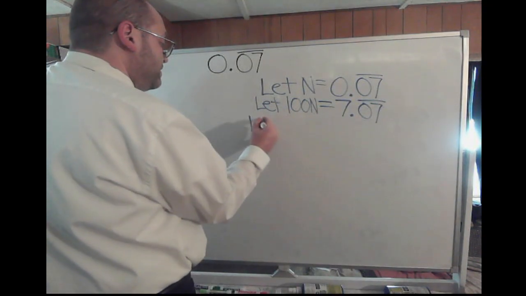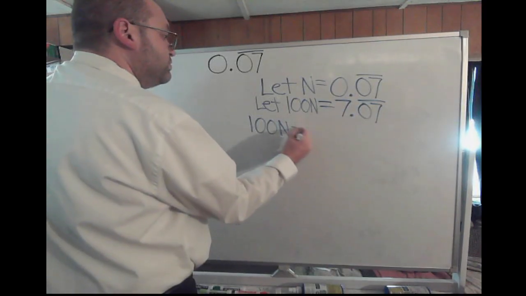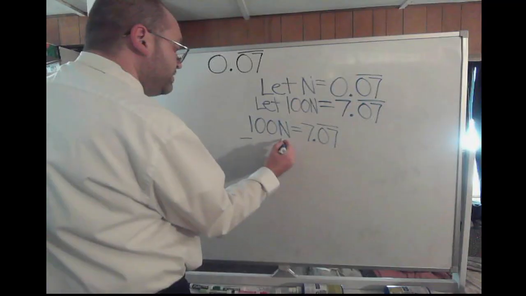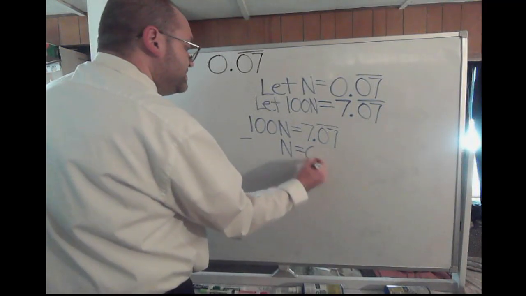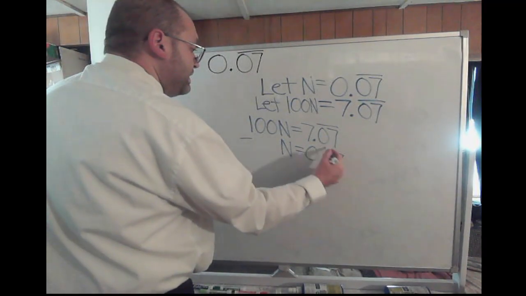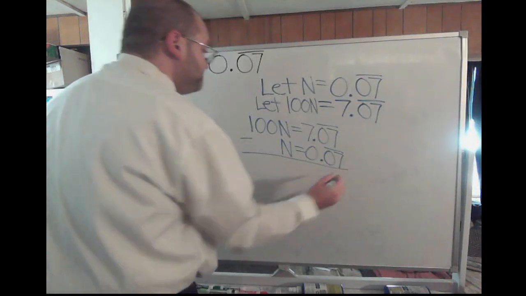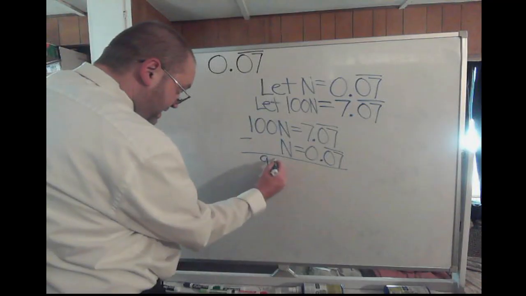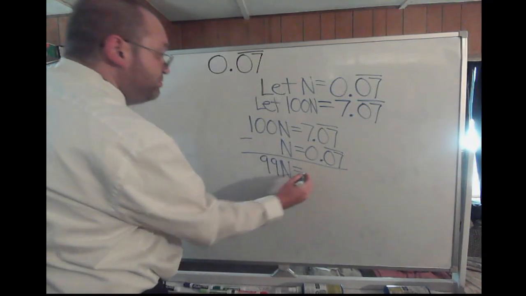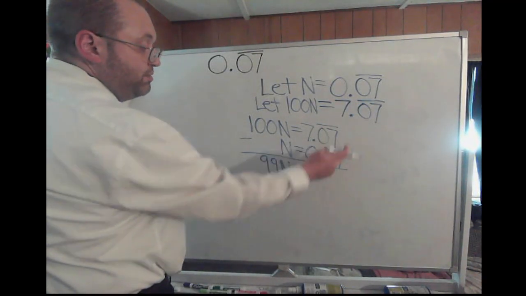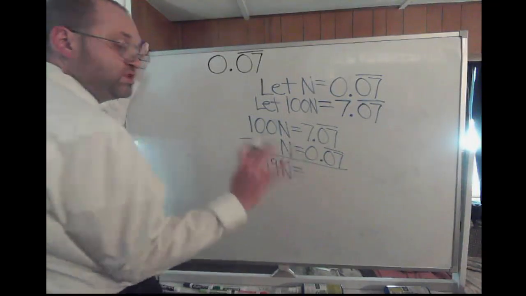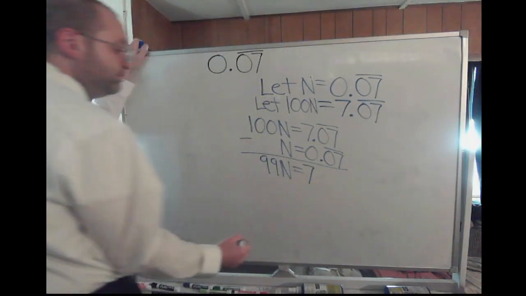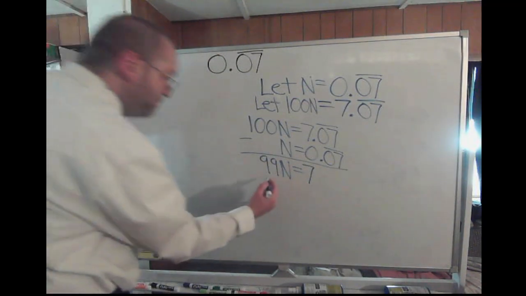Now we'll just do 100n equal to 7.07 repeating minus your n, which is equal to 0.07 repeating. If we do that, 100n minus n, that'll give you 99n. That would be equal to, well, the 0.07 repeating minus 0.07 repeating, those go away. Now just focus on 7 minus 0, that's 7. So you have 99n equals 7.